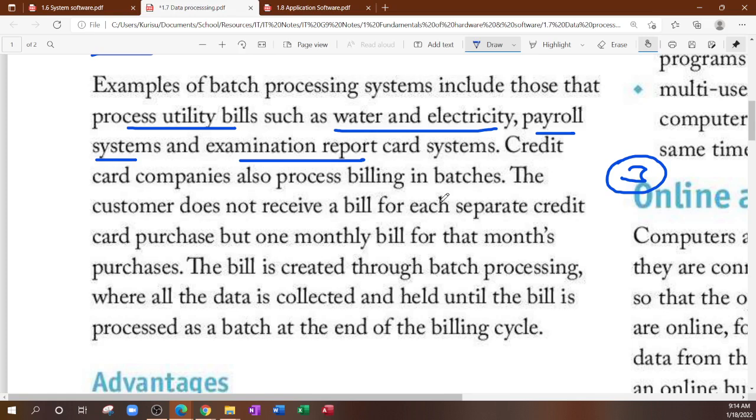Credit card companies also process billing in batches. The customer does not receive a bill for each separate credit card purchase, but one monthly bill for that month's purchases. The bill is created through batch processing, where all the data is collected and held until the bill is processed as a batch at the end of the billing cycle.